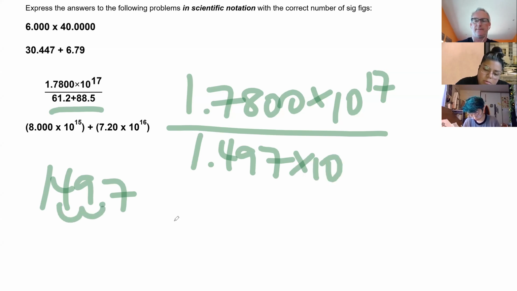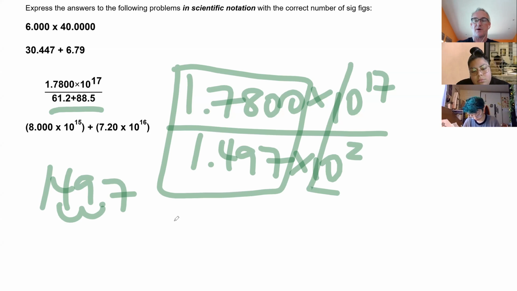Right. Because that way I can then divide this part and then divide this part separately, right? So then I'm going to divide 1.78 divided by 1.497. So what's that number?